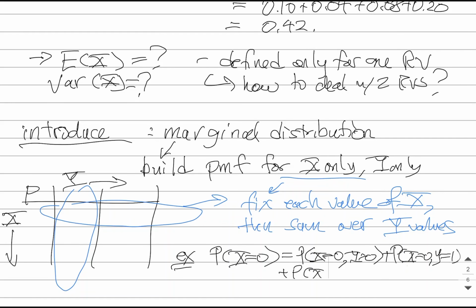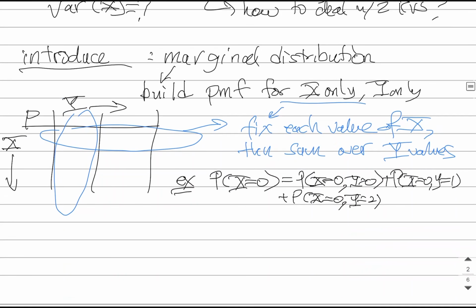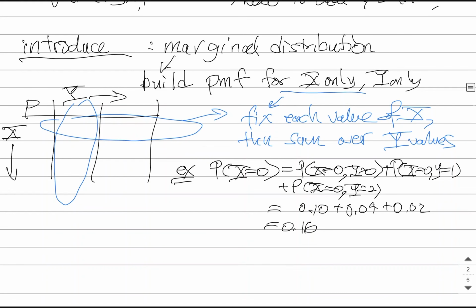And so in this case, we would get the following. We'd take the 3 entries where x is 0 and y varied, and we'd add them up. And so we would get 0.16 as the probability value for the outcome where x is 0.